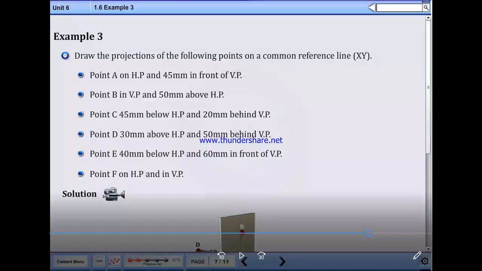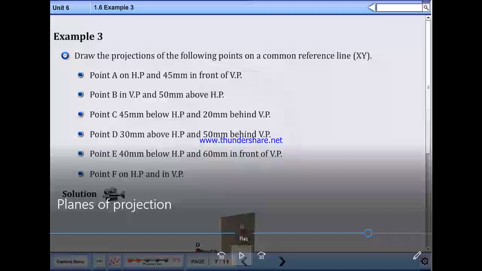Point D 30 mm above HP and 50 mm behind VP. Point E 40 mm below HP and 60 mm in front of VP. Point F on HP and in VP. Now let us observe the solution of this one.